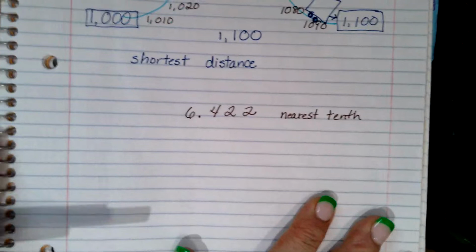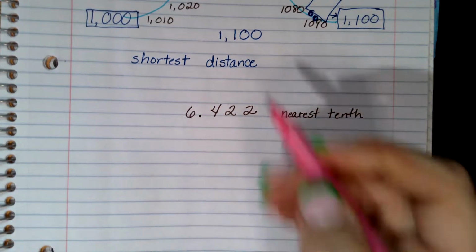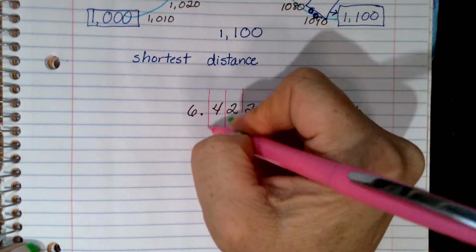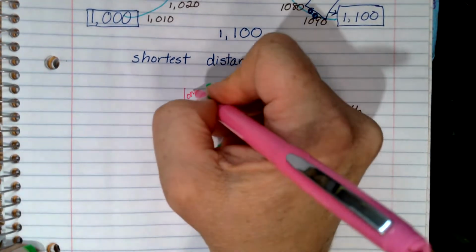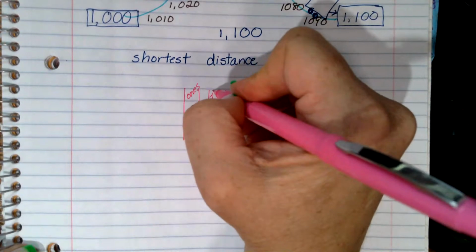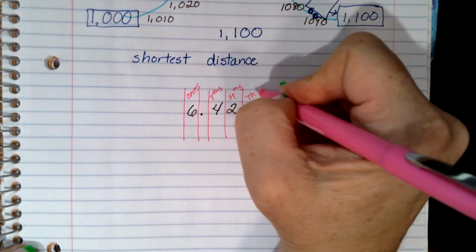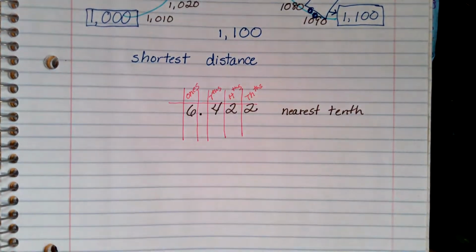What's the first thing I'm going to ask you to do if you're struggling with this? This is the very first thing I'm going to ask you to do. Make a place value chart. Make a place value chart. It tells us how much our digits are worth. So we have ones, we have tenths, we have hundredths, and we have thousandths. What place value are we rounding to?